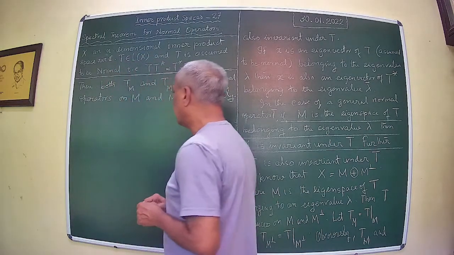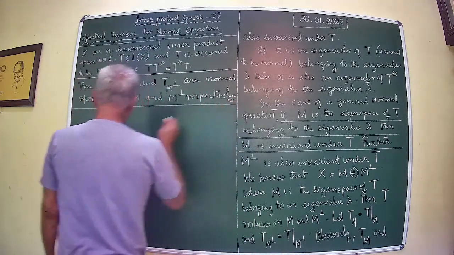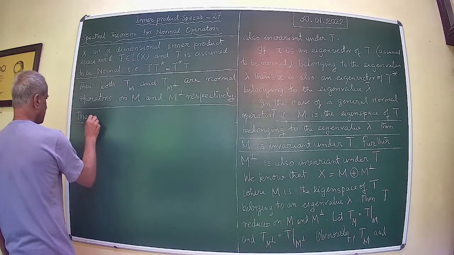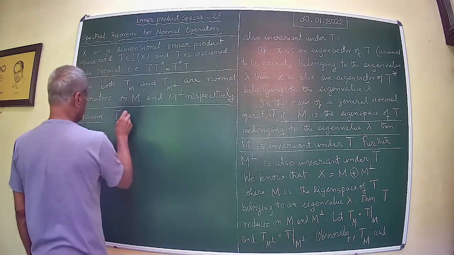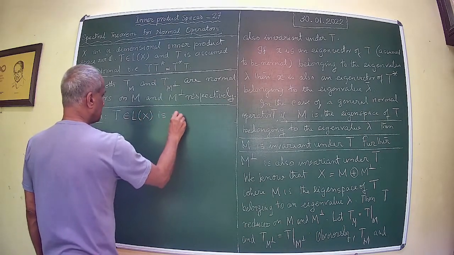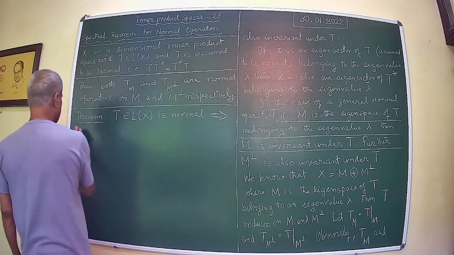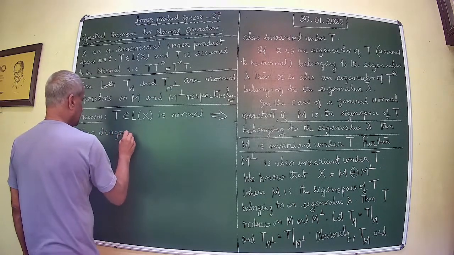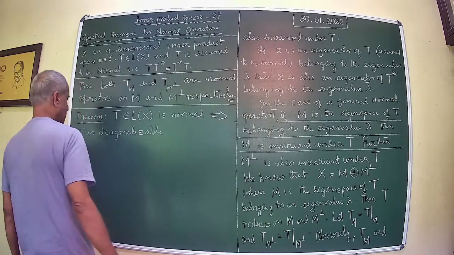So we now write the main theorem: T is diagonalizable.